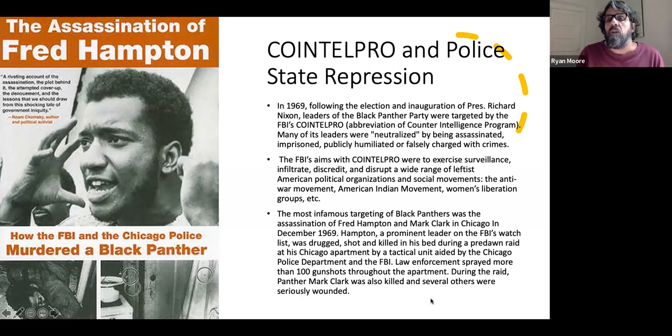backgrounds. And so Fred Hampton was this very charismatic figure, and it's been proven that the Chicago police and the FBI and the state of Illinois attorney's office, all these forces saw him as a threat, and they very intentionally carried out this execution.